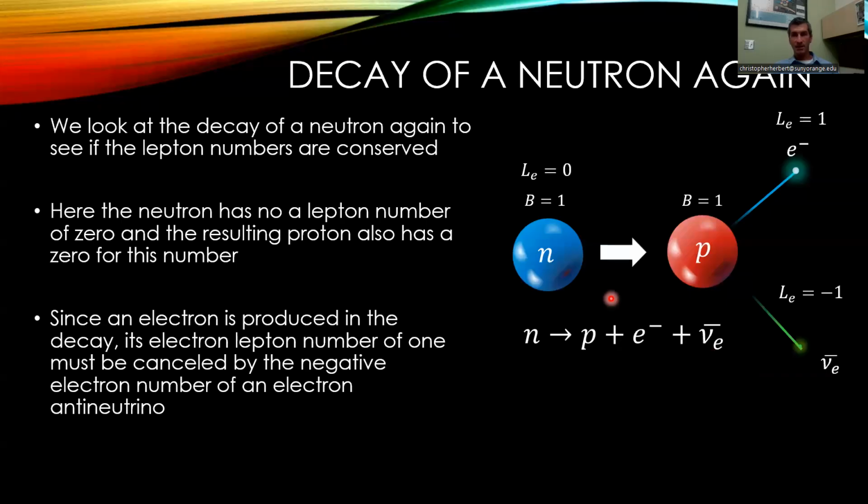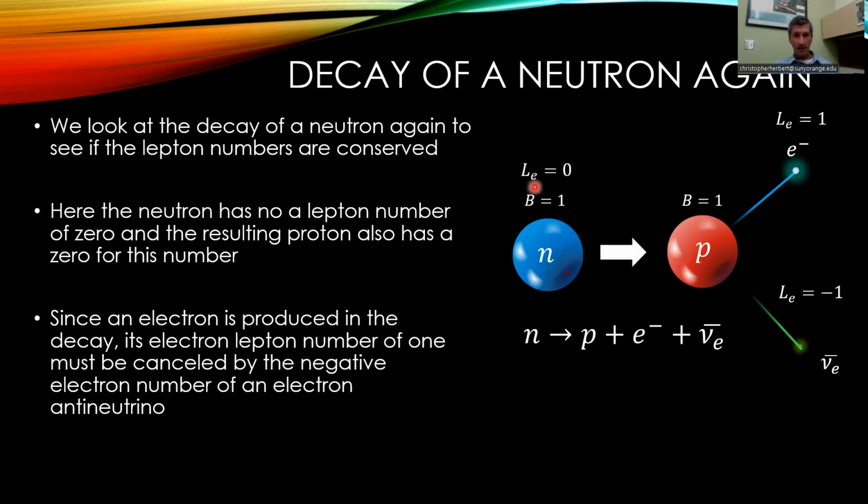All right, so for instance, let's go back to the decay of the neutron. The neutron decays naturally into a proton, but because the neutron is slightly heavier than the proton, we're also going to have some energy converted into mass. That becomes the electron plus the electron neutrino. Now watch what happens here. Our baryon number is 1 at the beginning, our baryon number is 1 at the end.